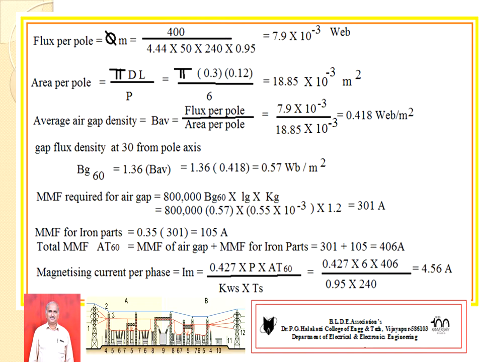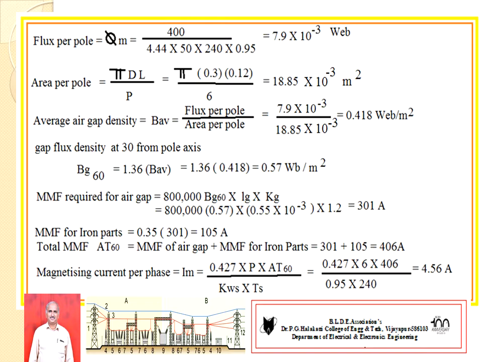So you convert this flux density to the 60 degree from interpolar axis. So you can go for BG60 equal to 1.36 into B average. Convert that. So we are going to get 0.57 Webers per meter square.